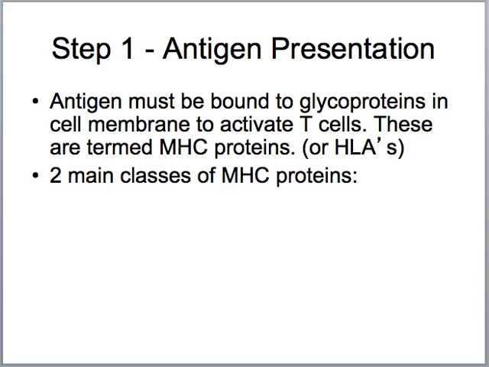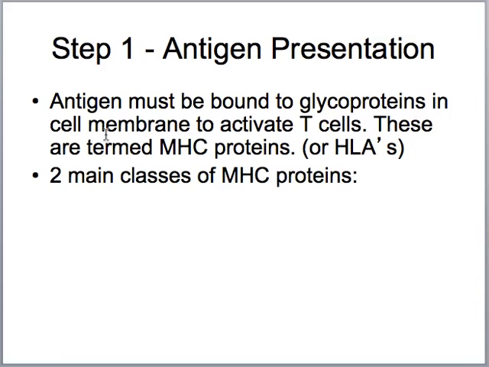The antigen must be bound to glycoproteins. Glyco means carbohydrate, and proteins means protein. So this is a molecule that's a combination of a carbohydrate and a protein in the cell membrane. They have to be bound to that in order to activate the T cells.